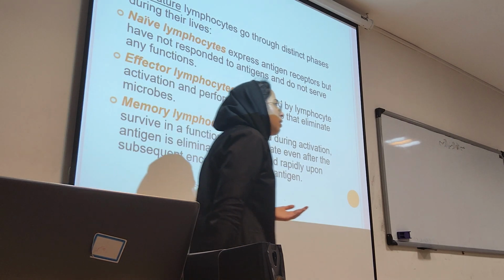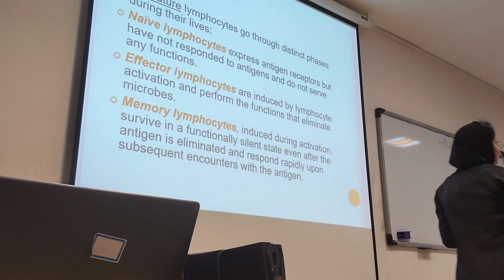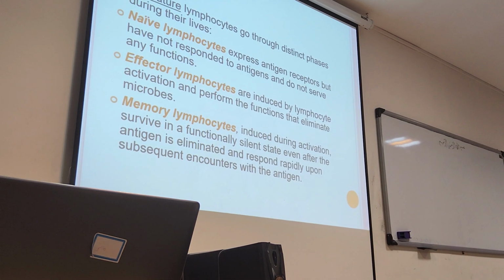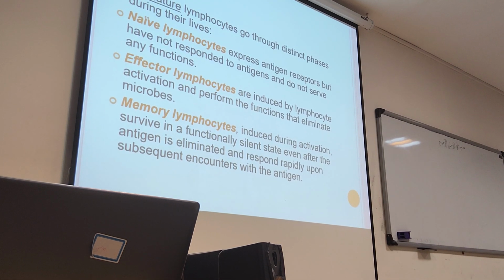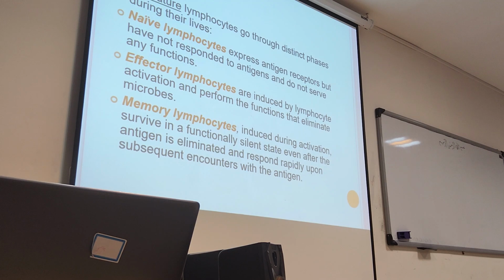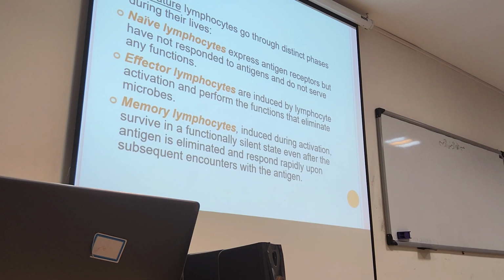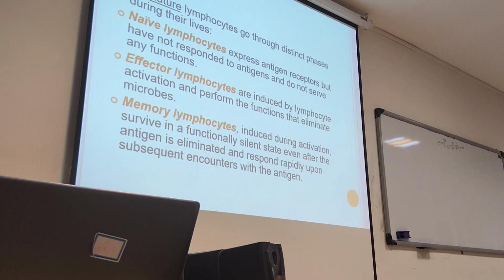When it binds to the antigen, it starts its function. It gains its function, for example, it produces cytokines, or for B cells, antibodies. What happens after that? Memory. We have some memory cells, and the regulatory cells suppress the immune response.